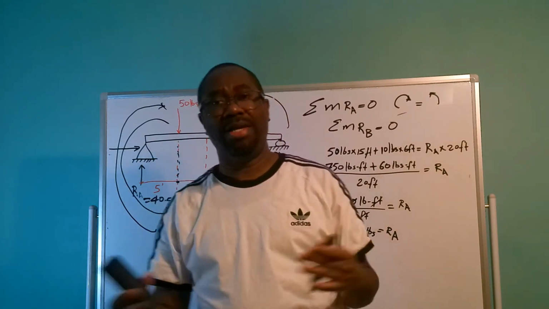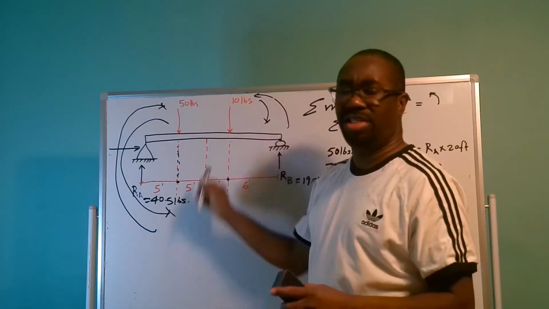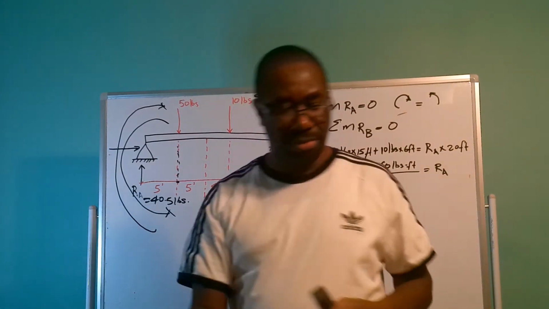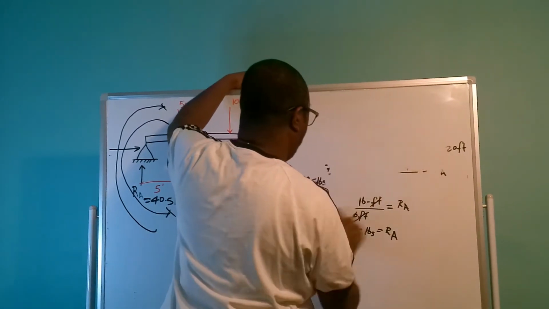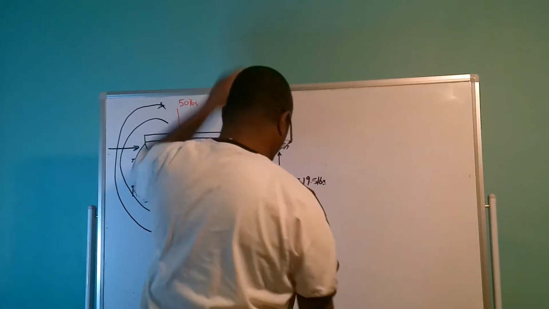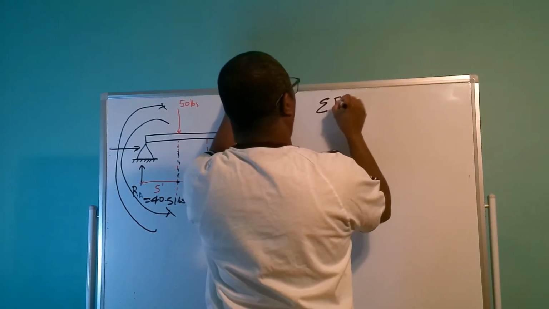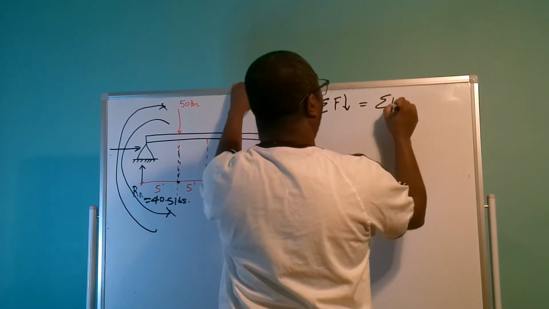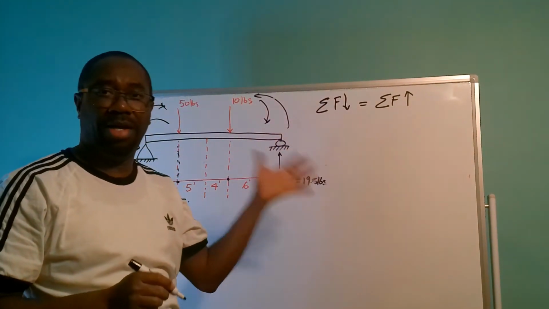So the sum of the loads coming down must be equal to the sum of the loads going up, for the beam to be in equilibrium.